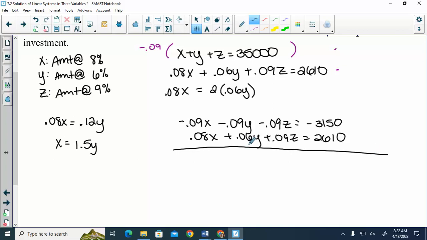So when we add these together, we get a negative 0.01x minus 0.03y equals, at this point, we could substitute the x.